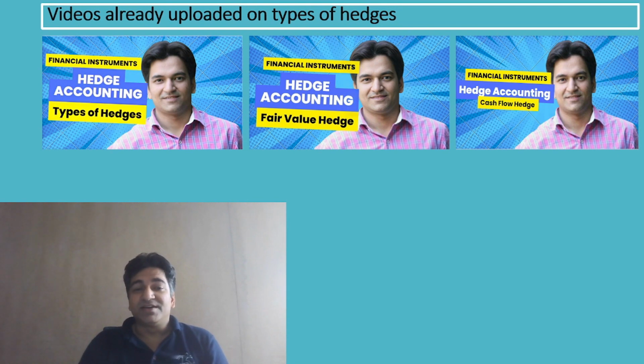In one video on fair value hedge, we discussed the accounting treatment of fair value hedge. And in another video on cash flow hedge, we discussed the accounting treatment of cash flow hedges. In this video, we are going to discuss the net investment in foreign operations and how the hedging instrument gains or losses will be accounted for.